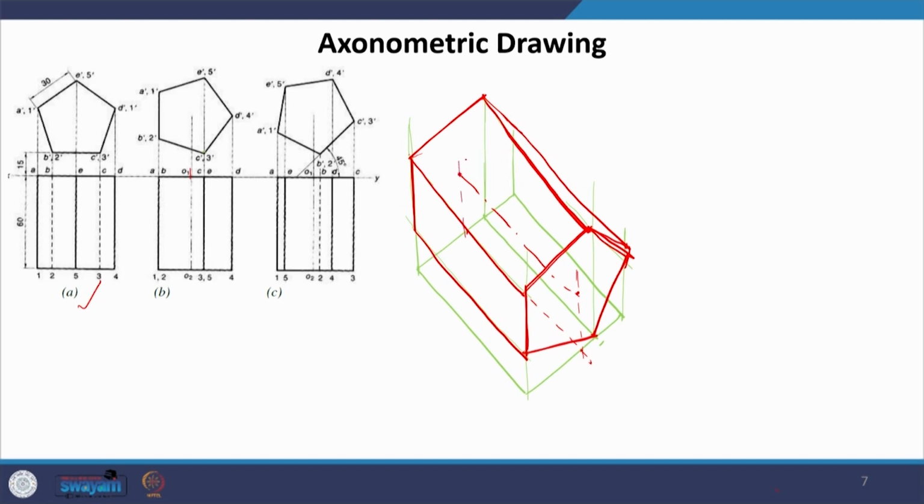So, this is the axis. We can also arrive at that very simply by following this process. Draw the plan, rotate it by 45 degrees and give each point its respective height is how you will arrive at the axonometric view.